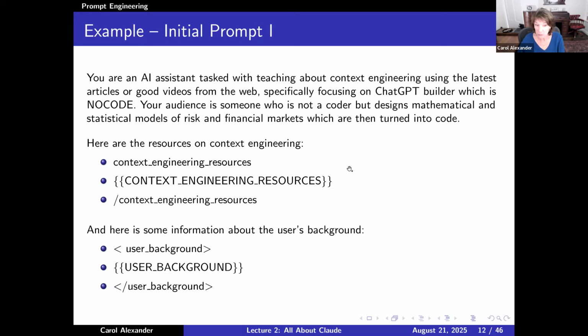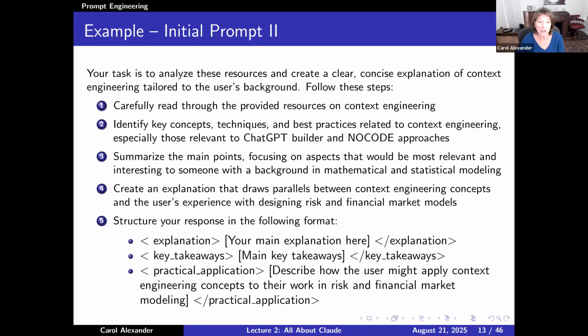And it's asking for resources, and when you try out the prompt, you can put in those resources. Steps of the tasks: read the provided resources, identify the concepts, summarize the main points, create explanations, and this is how you're going to structure your response.